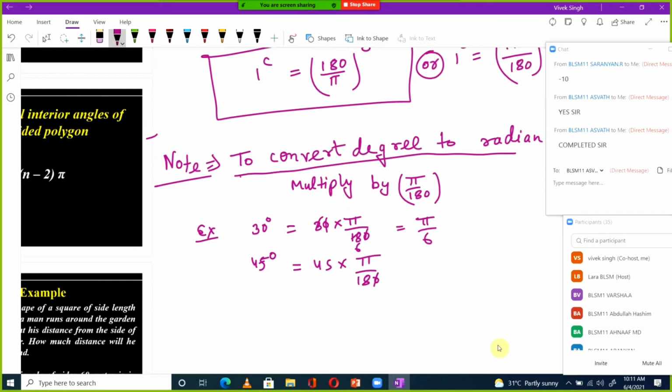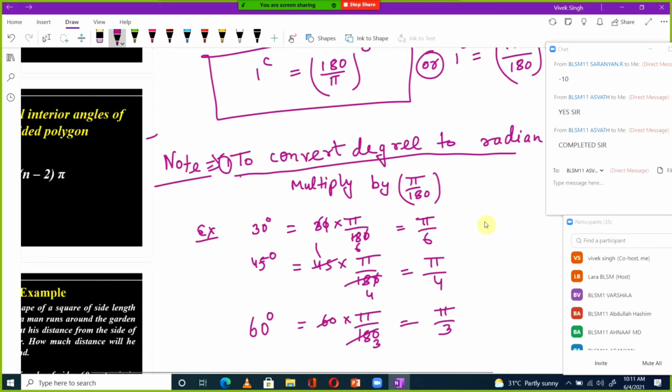So you will get 45 into 1 and here 4, we will get pi by 4. Can you convert 60 degree? Please convert. All of you please convert 60 degree to radian. Yes. So this will be 60 into pi by 180. 60 threes are 180, so it will cancel out. You will get pi by 3.